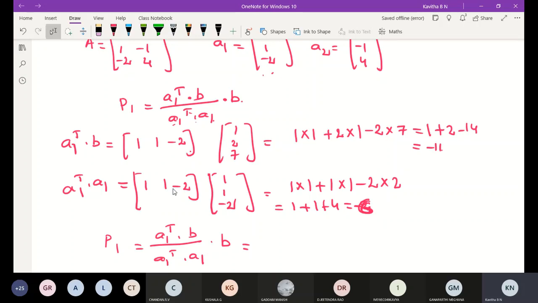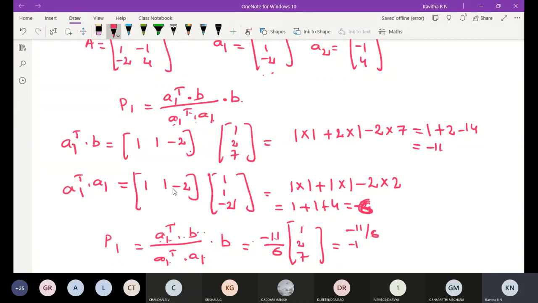Here minus 11 by 6, where A1 transpose dot B is minus 11, divided by A1 transpose dot A1, which is 6. Then minus 11 into 1 is minus 11 by 6.